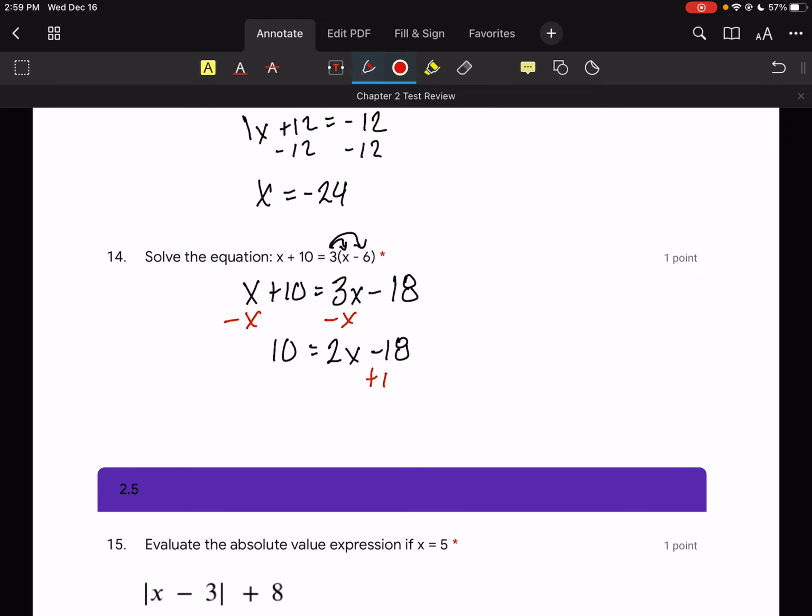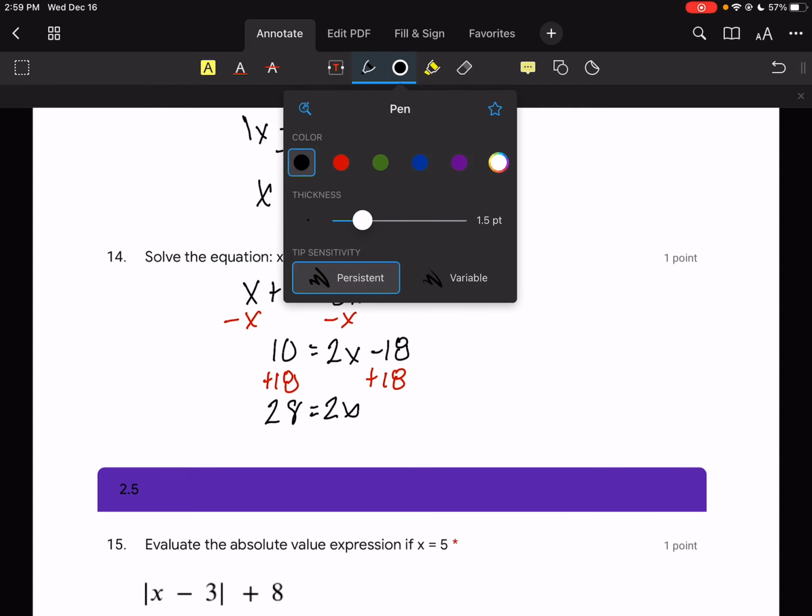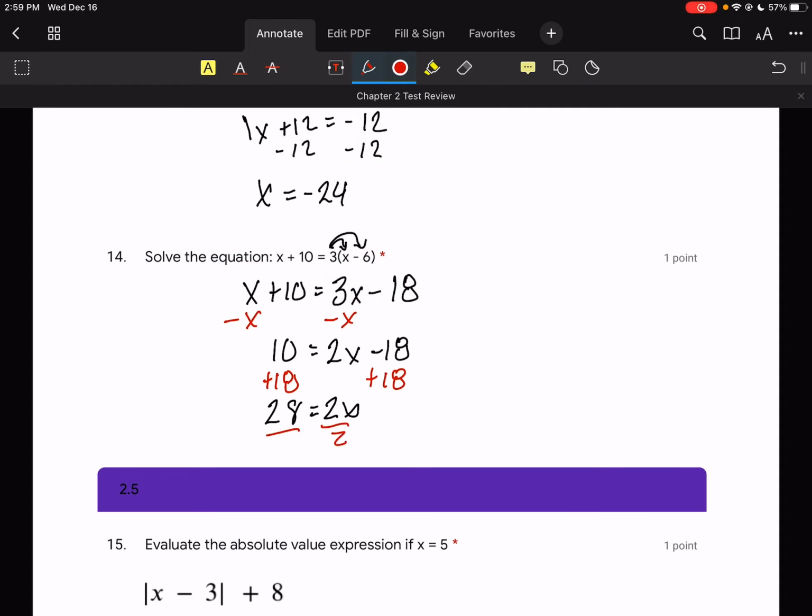Add 18 to both sides. So I'll have 28 is equal to 2x. Divide both sides by 2 so that my x is equal to 14.